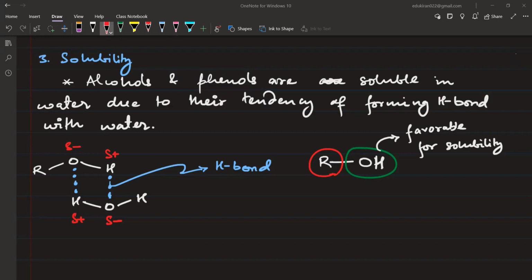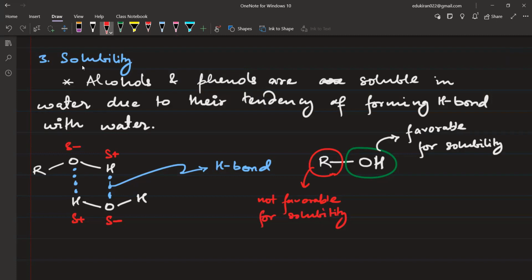Alkyl group is not forming any hydrogen bond, right? That is why it is not favorable for solubility. So it is unfavorable. Not favorable for solubility.